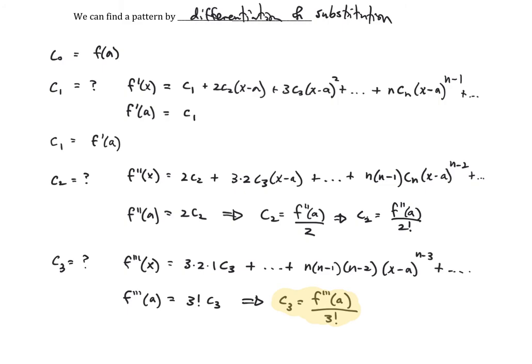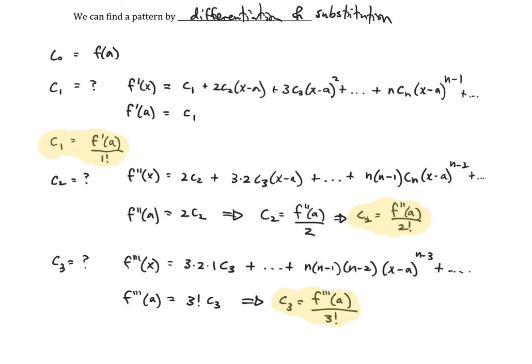And let me highlight that coefficient. And I can really rewrite c1 as, instead of just f prime of a, f prime of a over 1 factorial. And if I highlight that, that's going to be the c1 coefficient.